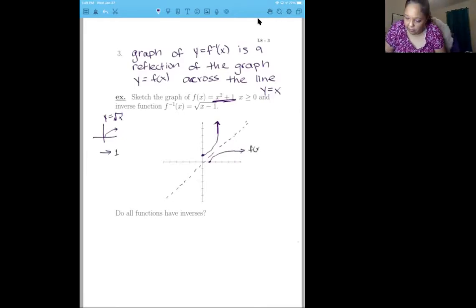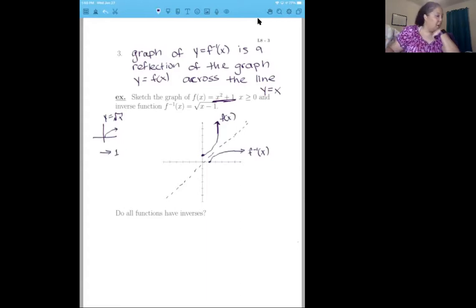This is f of x, and this is f inverse of x, or what we called g of x before. If you reflect it across this line, y equals x, you get the same graph.